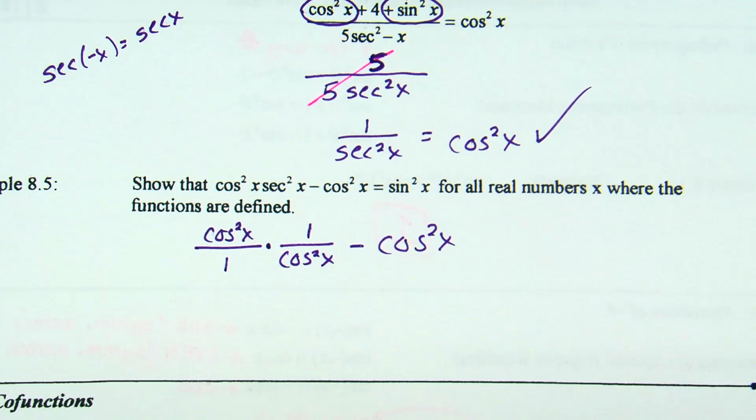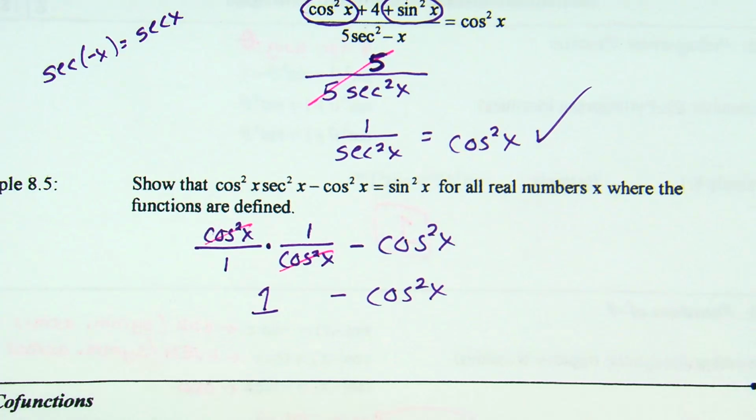But yeah, so cosine and secant are reciprocals. So when you multiply reciprocals, they cancel and you're just left with 1 minus cosine squared x. Which would what? And why is that?